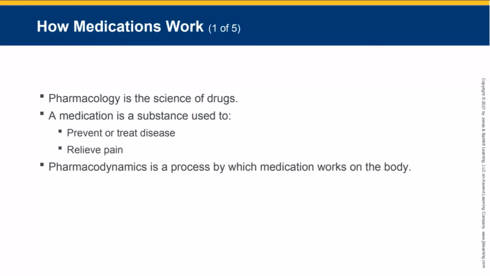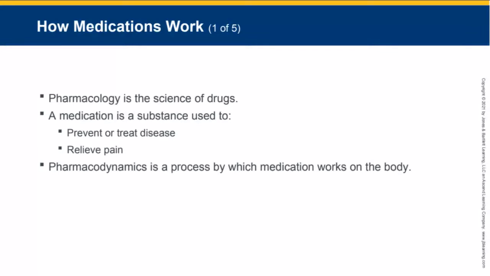All right, how medications work. Pharmacology may be defined as the science of drugs, including their ingredients, preparation, uses, and actions on the body. A medication is a substance that's used to treat or prevent disease or relieve pain.